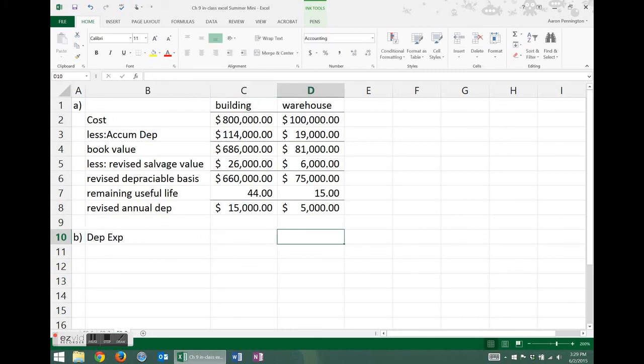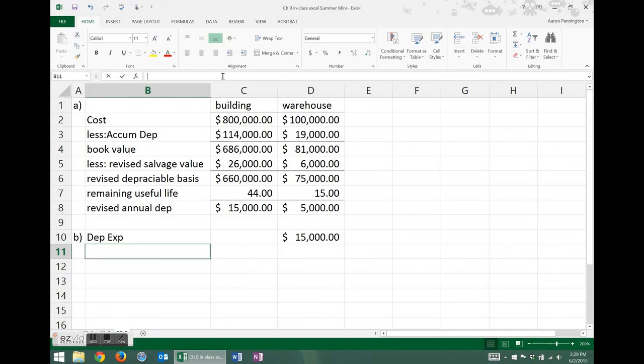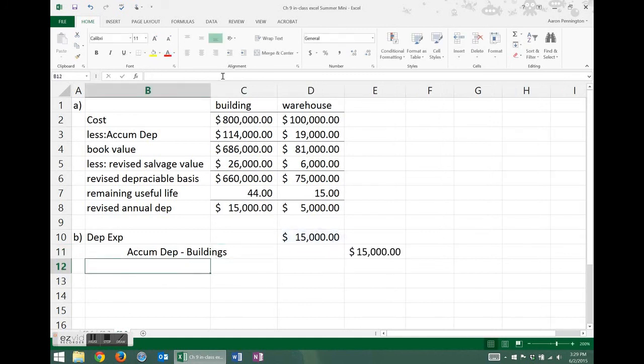Depreciation expense, $16,000, and actually, accumulated depreciation, building, and that's your entry. That's all it really asks for. So that's part B of that exercise. Okay, back into a few more talking points.